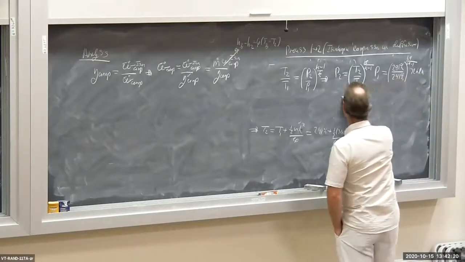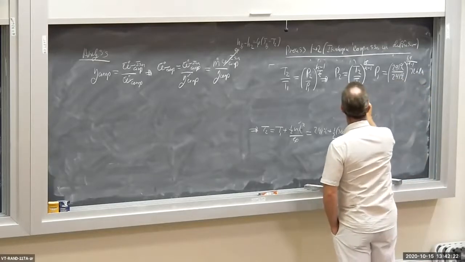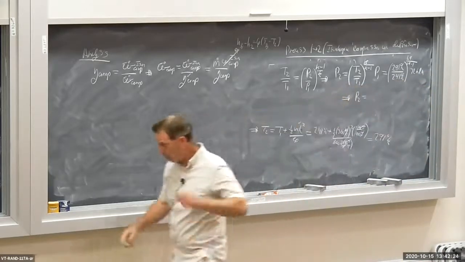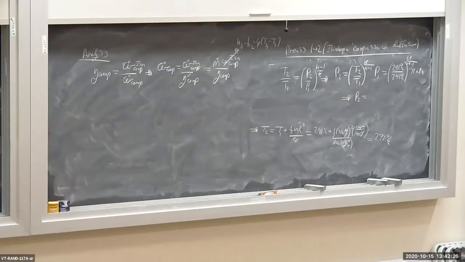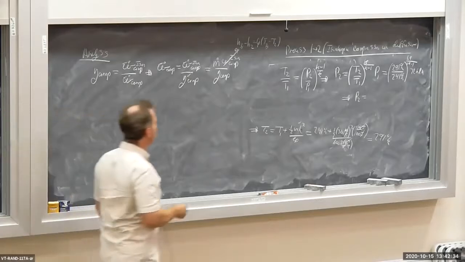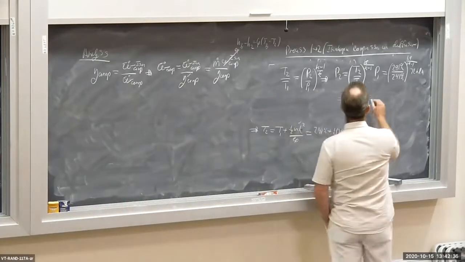And so I get P2. Let's see what the pressure P2 is. 62.6 kPa. So I've doubled the pressure of the flow.